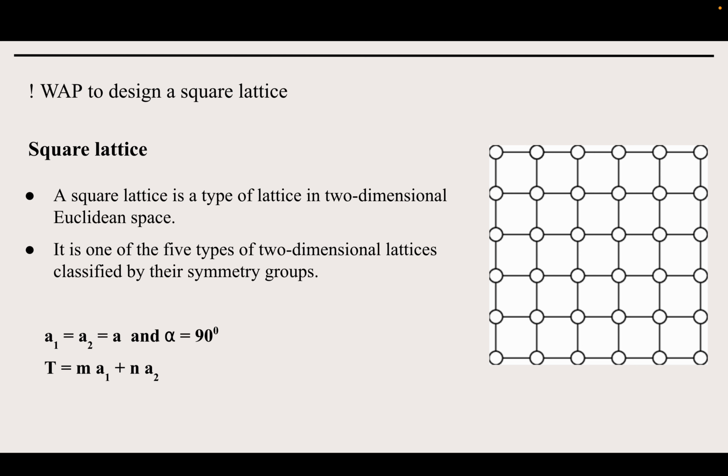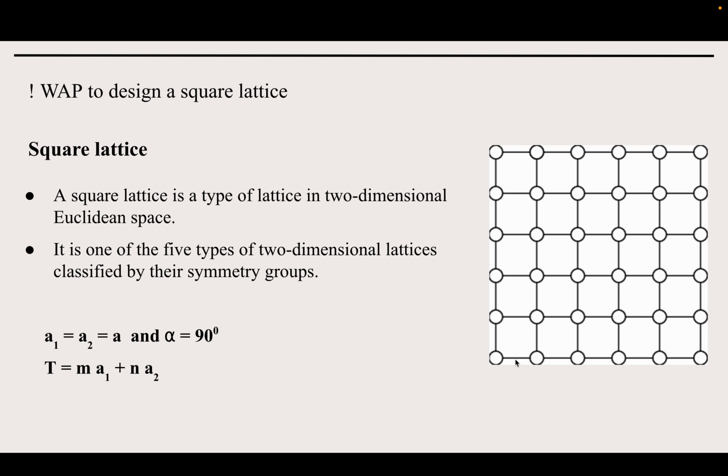Here this lattice will elongate along the x and y axes, like any two axes, as it is a 2D lattice. And along x and y, the lattice constant has to be the same. That means, as mentioned here, a1 is equal to a2, which is also equal to a.